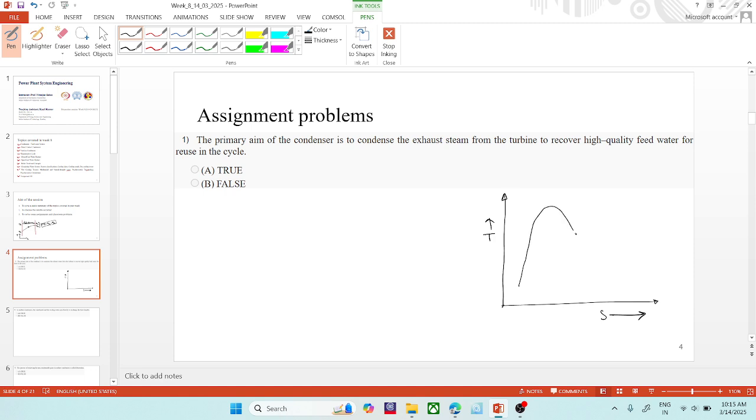This is the dome. Let me draw the process with another pen. This is what we have learned earlier, the Rankine cycle.